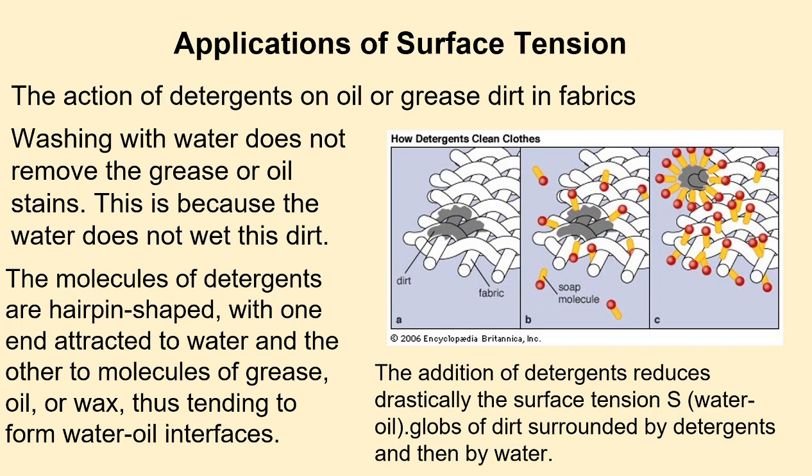Something of this sort is achieved by using detergent. This cleaning of dirt like grease, oil, etc. from the clothes can be done with the help of detergent. The molecules of detergent have a hairpin shaped structure, and due to this, one end can be attracted to the water, and the other end connected to the molecules of grease or oil or wax.